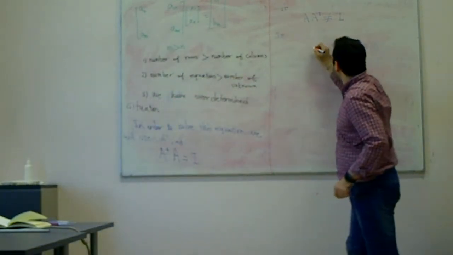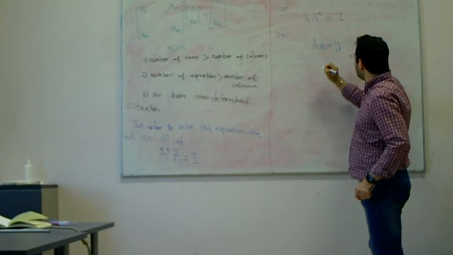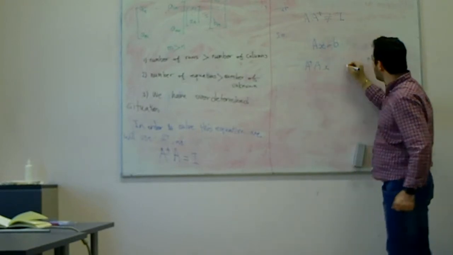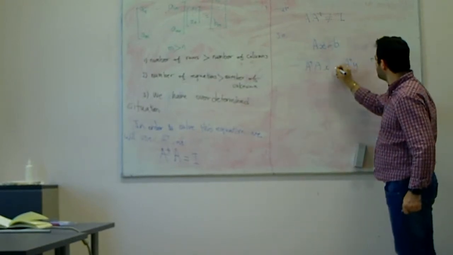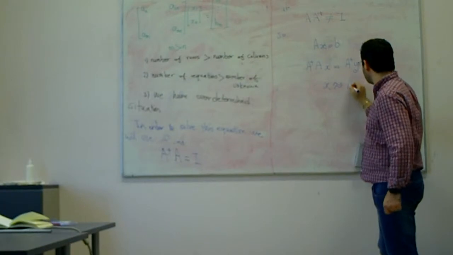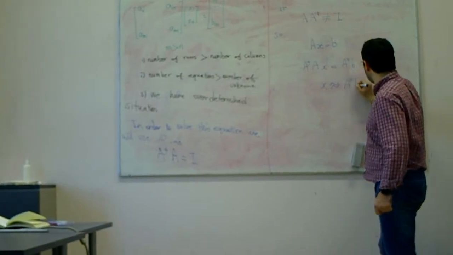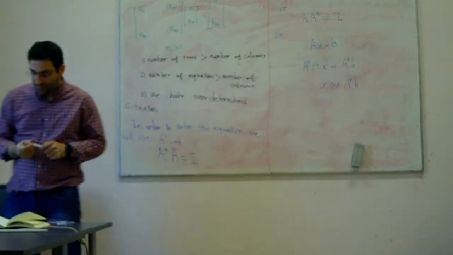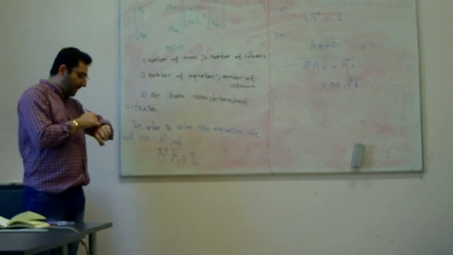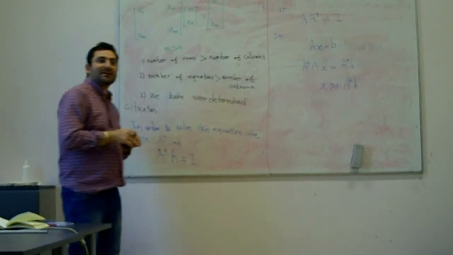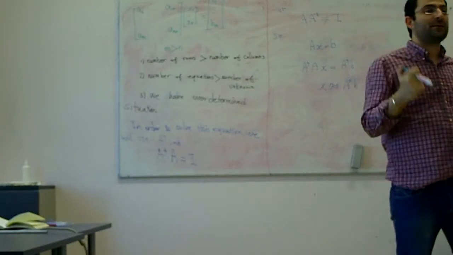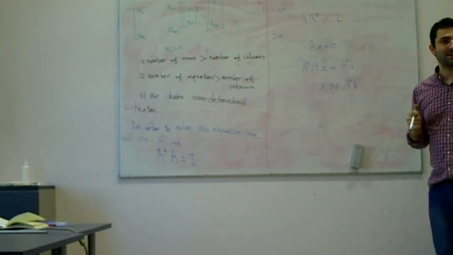So we have AX is equal to B. Then I have A plus AX equal to A plus B. Then X is approximately A plus B, because a bit later today, especially when we finish this chapter and go to the next chapter, which is even more important, we will talk about singular value decomposition.